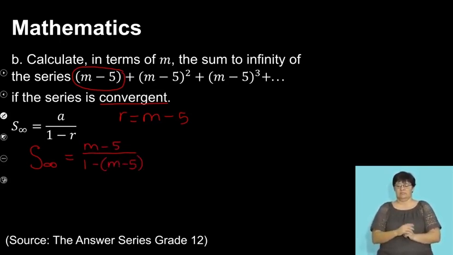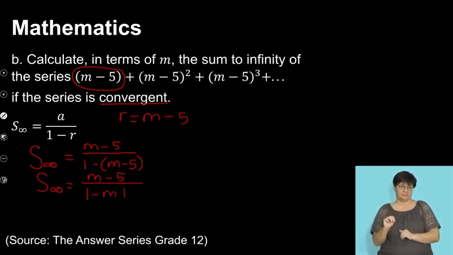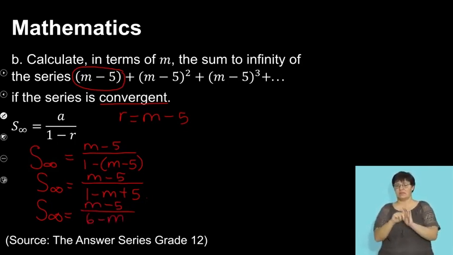So we're now going to simplify this so I can calculate the sum to infinity in terms of m. So the sum to infinity will be equal to (m minus 5) over 1 minus m plus 5. Great. So if I want to conclude, I've got the sum to infinity in terms of m will be equal to (m minus 5) over (6 minus m).